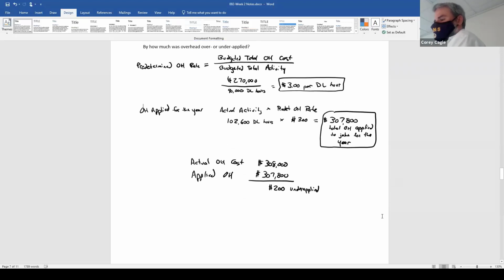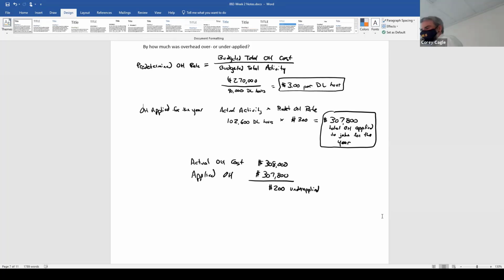So the fact that we under applied overhead means that we slightly undercosted our jobs for the year. Very, very slightly. So ultimately, inventory is understated a little bit. Cost of goods sold was understated a little bit. So we would usually just, as a guy I used to work for would say, blow that out through cost of goods sold.